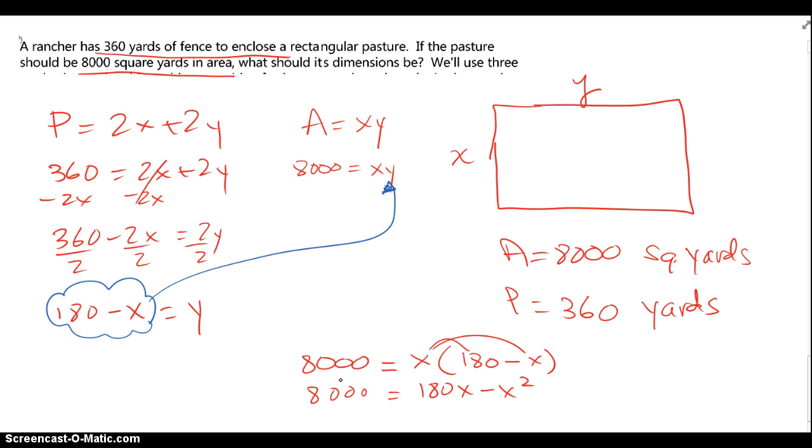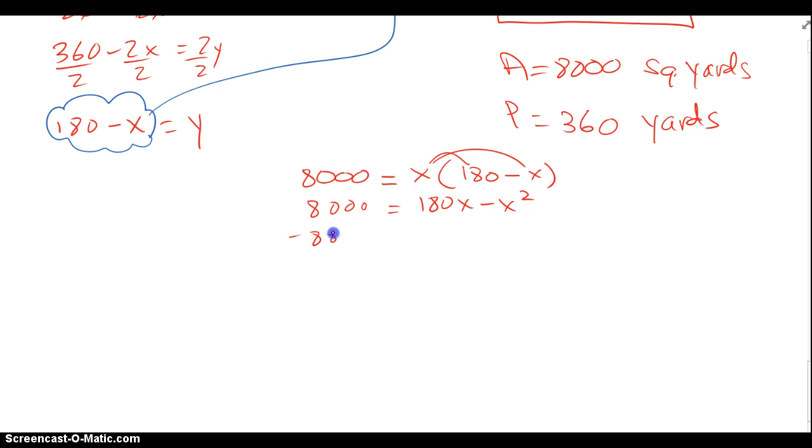And quadratic equations, we try to set them equal to 0 and see if we can factor. So I'm going to subtract 8,000 from both sides, and that's going to be negative 8,000. And then I have the 180x, and then the minus x squared.